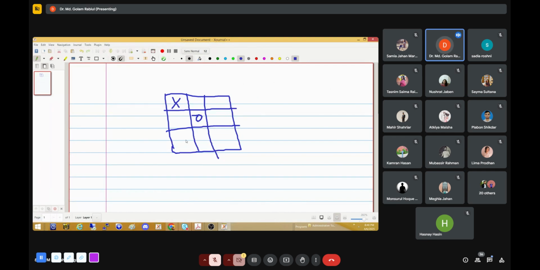Okay, and then this x for me, and then here is the O for the opponent. So we want to find out the evaluation score of this board.